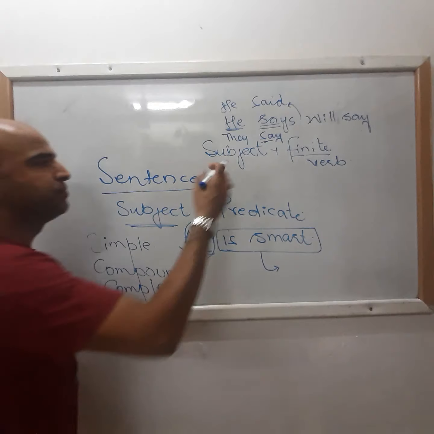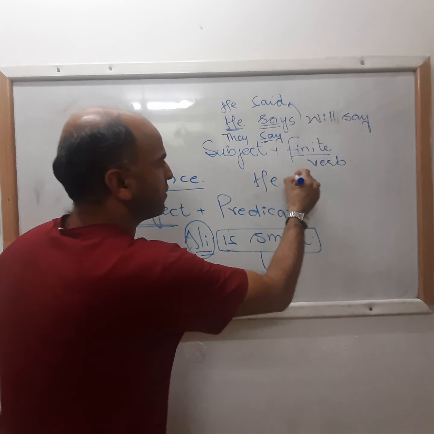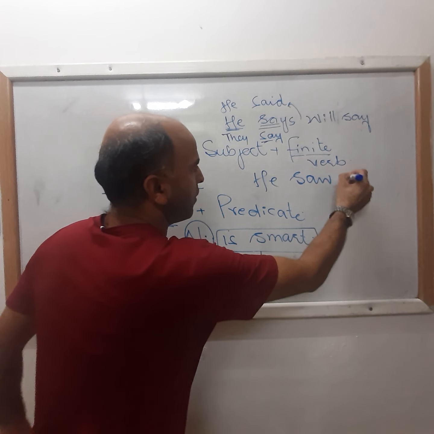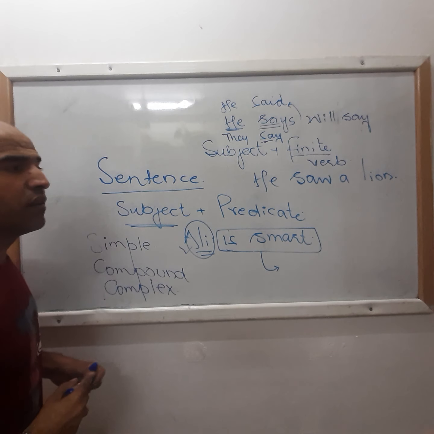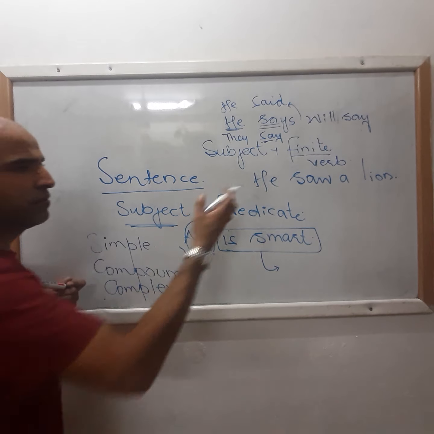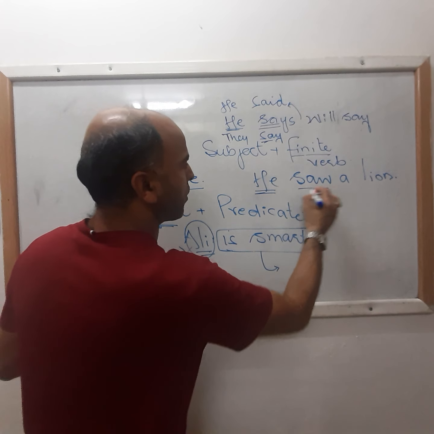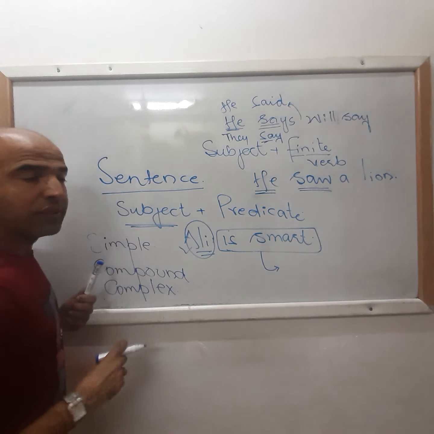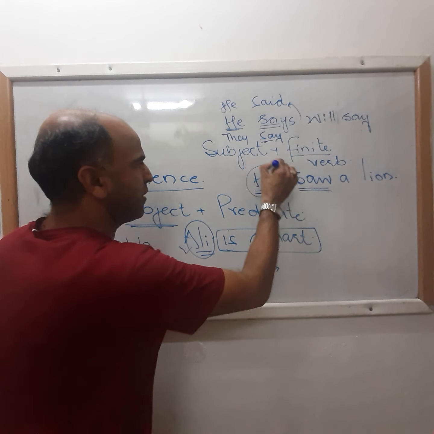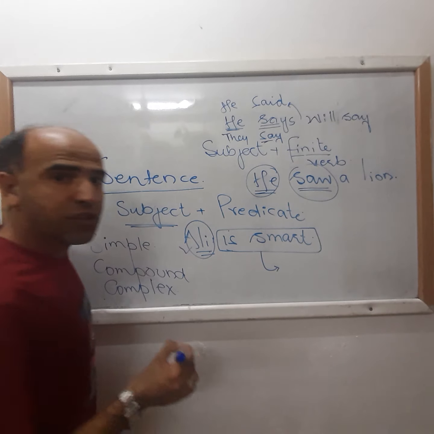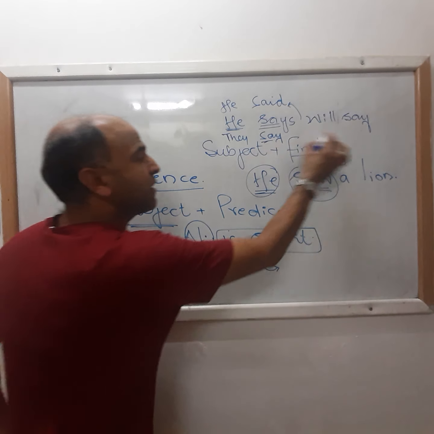For example, "He saw a lion." Full stop. You can see that "he" is your subject, "saw" is your verb. As I told you, every independent clause has a subject and a verb of its own, and it can stand on its own.